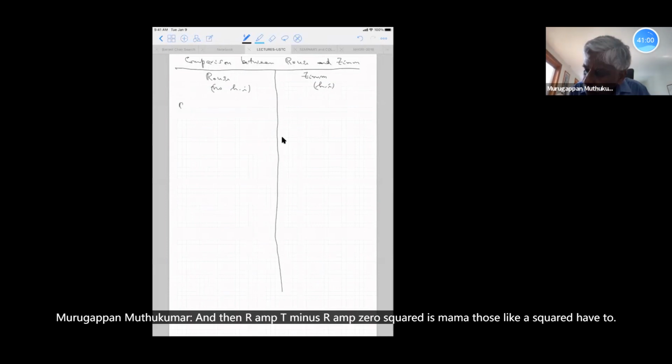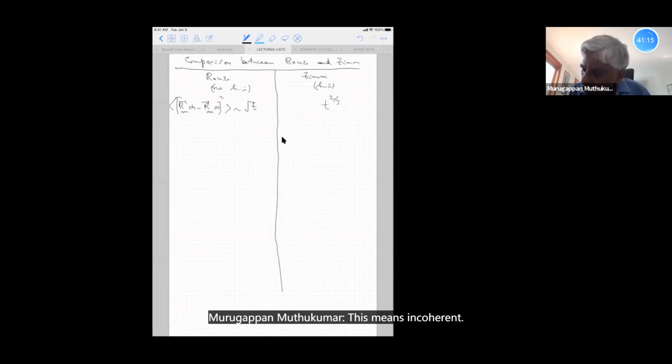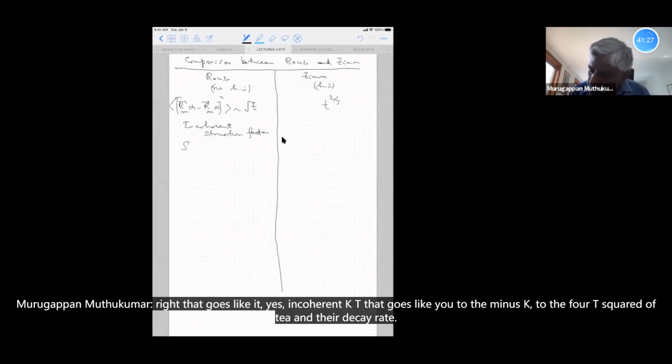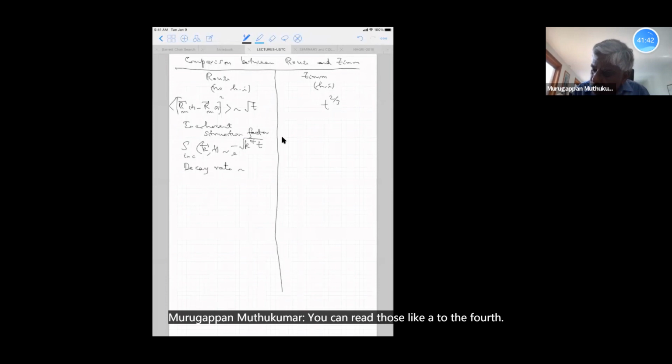And then R_m(t) minus R_m(0) squared, this is monomer, goes like square root of t. Here it goes like t to the 2/3. This means the incoherent structure factor, which we talked about before, goes like e to the minus k to the 4 t, square root of t, and the decay rate goes like k to the 4.